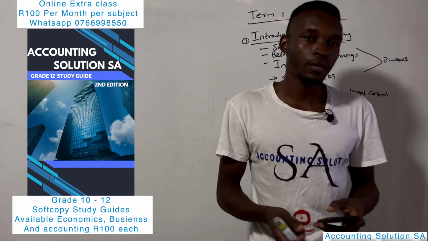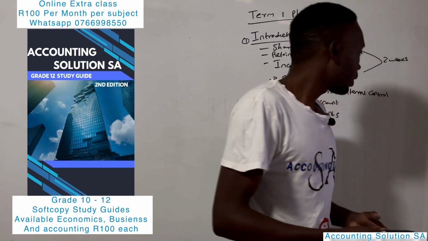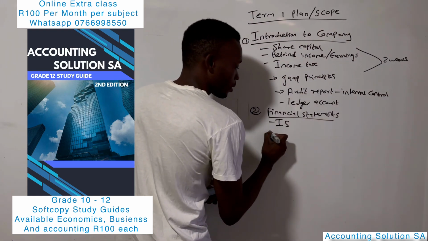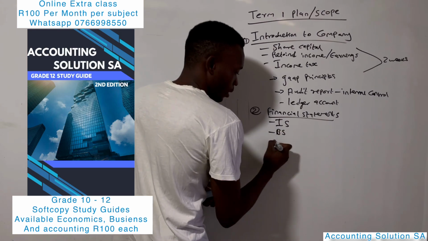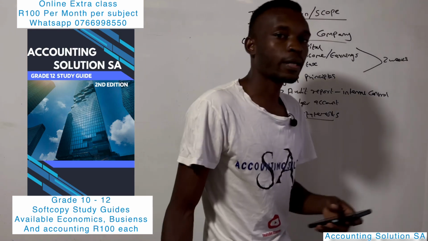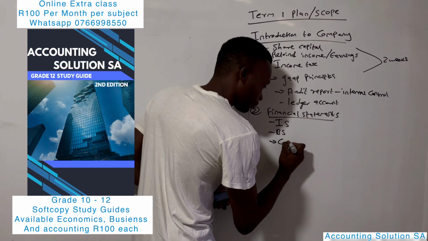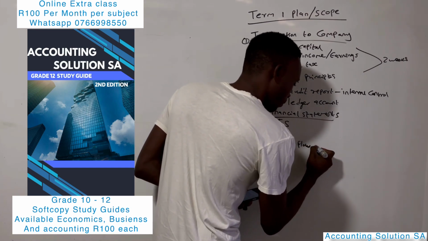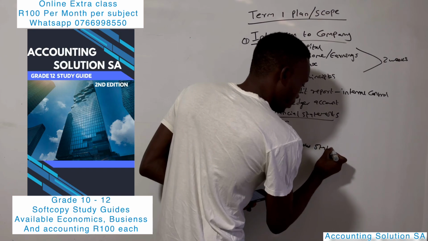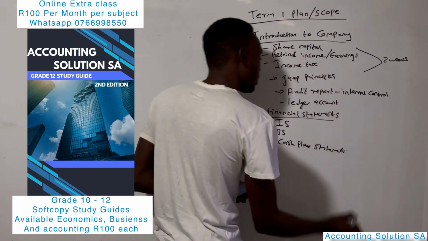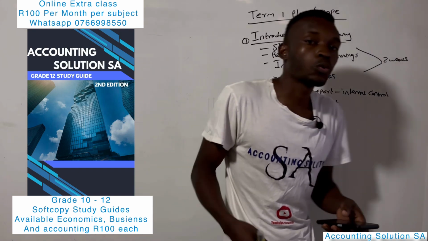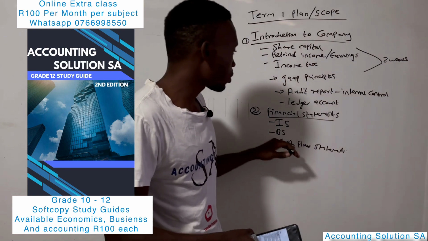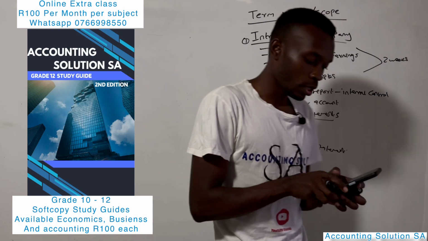But now in grade 12, we are going to have the income statement, the balance sheet, and the third one, the cash flow statement. You never covered this one before. Cash flow statement is very new to grade 12 students, so you are expected to know it under topic number 2 in term 1.